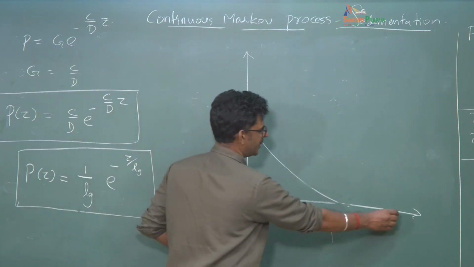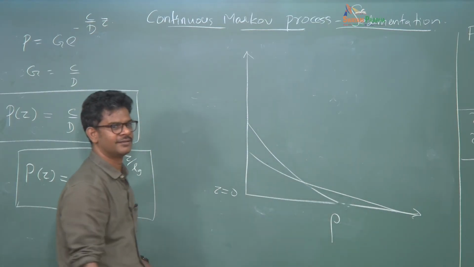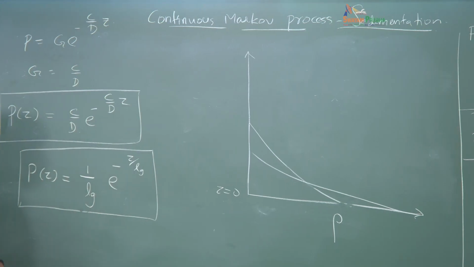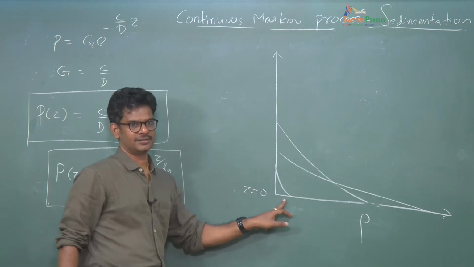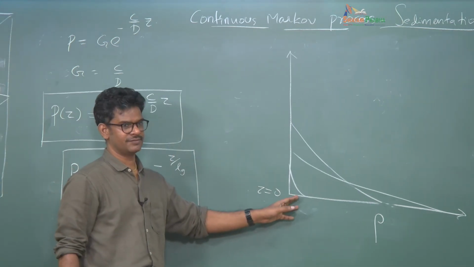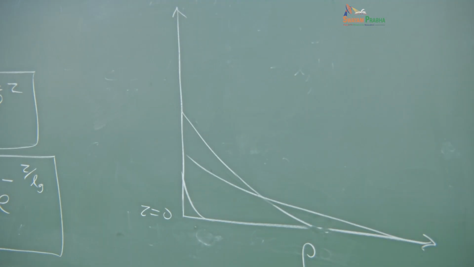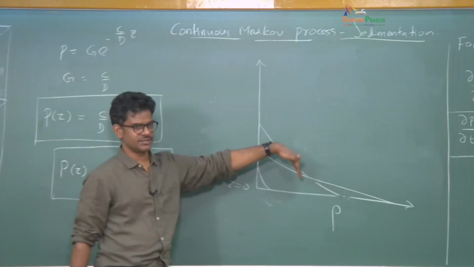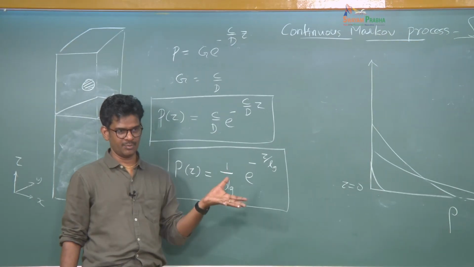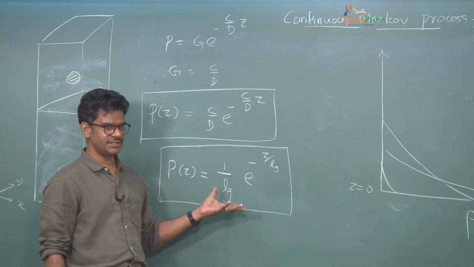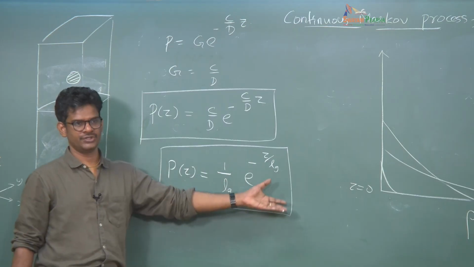If you have very fine particles, you may have very slow decay. If you have very heavy particles, you may have something like this, where everything is settled very quickly. So the rate of this exponential decay, the slope of this curve, is governed by this Lg factor. Lg is a material property, like I said, and depends on the density difference, mass, drag coefficient, and so on.